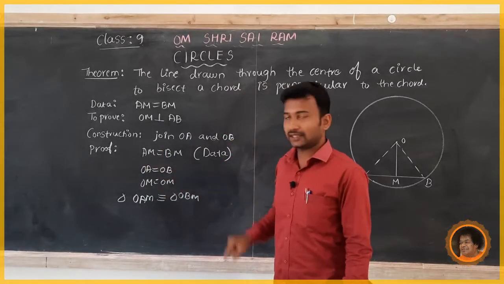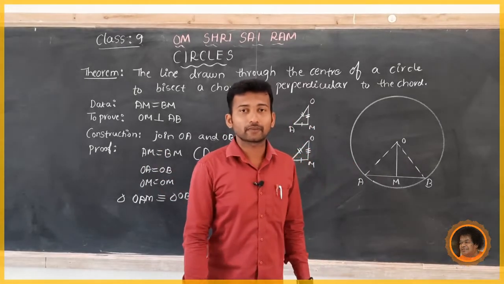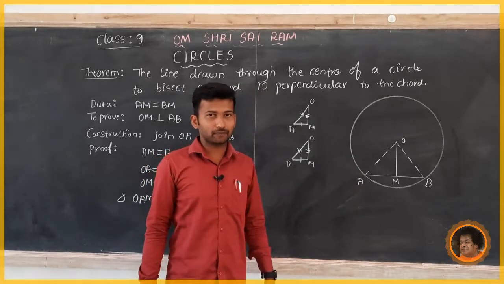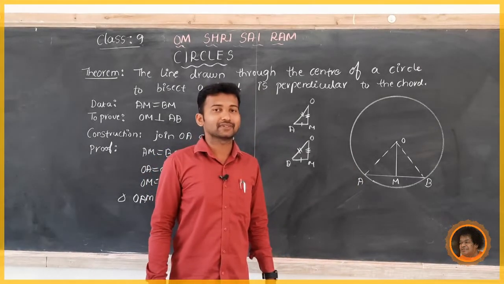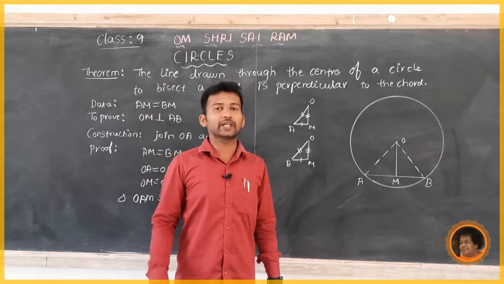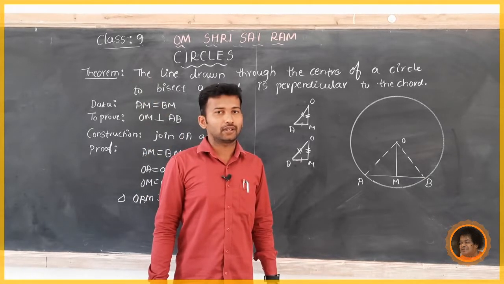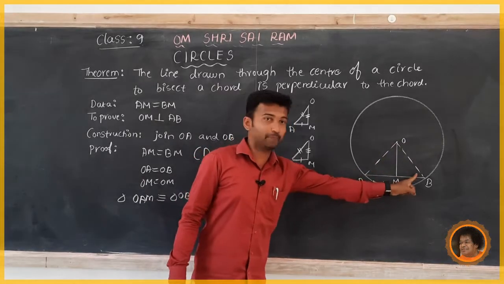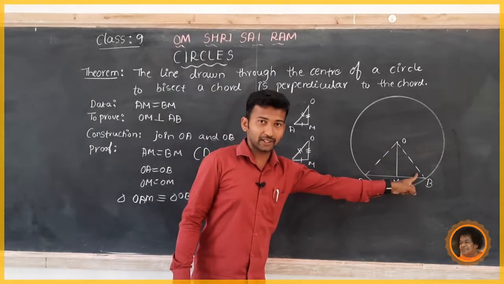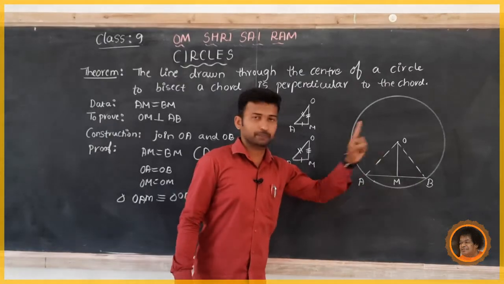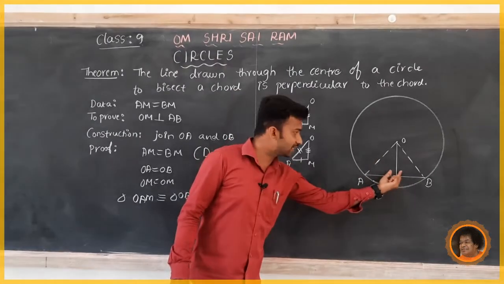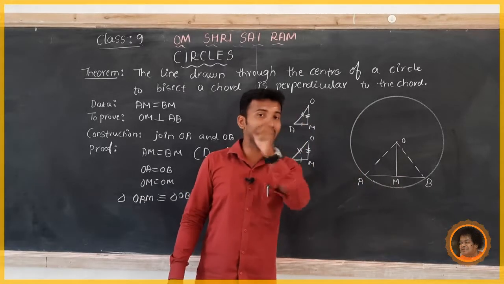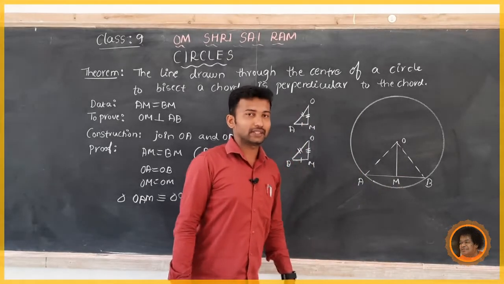Yes, the three sides of the two triangles OMA and OMB are equal. What about the angles? Yes, the three angles are also equal. Angle O equals angle O, angle A equals angle B, and similarly angle M equals angle M. We have to prove angle OMA equals angle OMB equals 90 degrees.